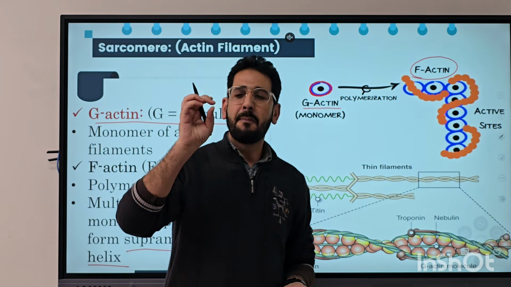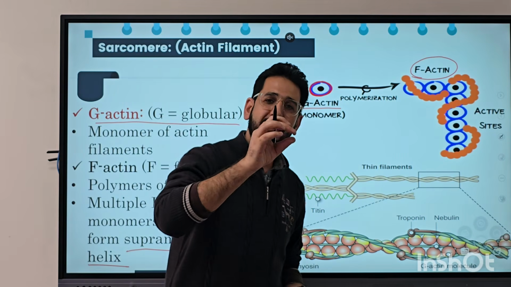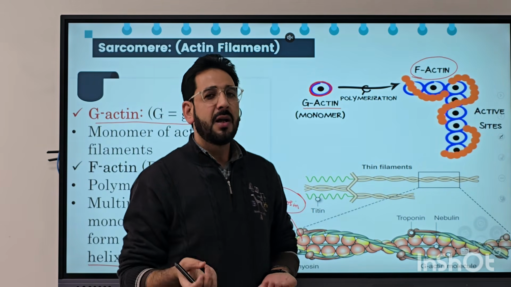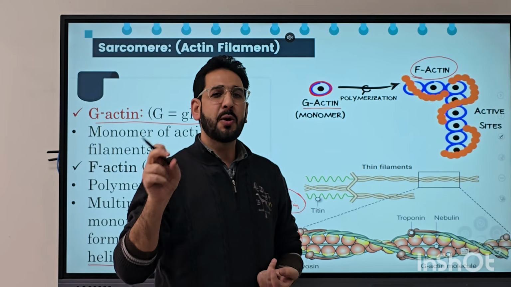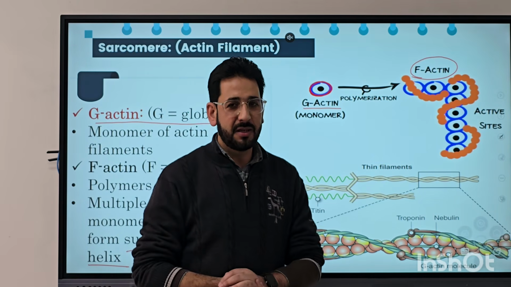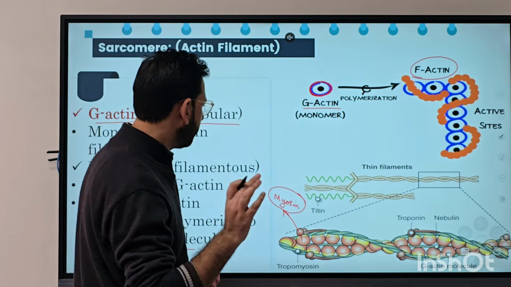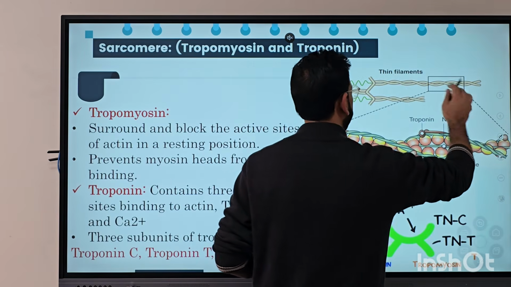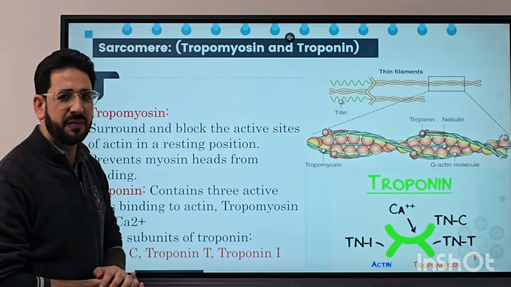So it is the myosin that is going to bind with actin on this binding site. And you all might have an idea that this attachment of the myosin and the actin will ultimately lead to muscle contraction. Okay, after this there are some other proteins that are present in this actin thin filament.